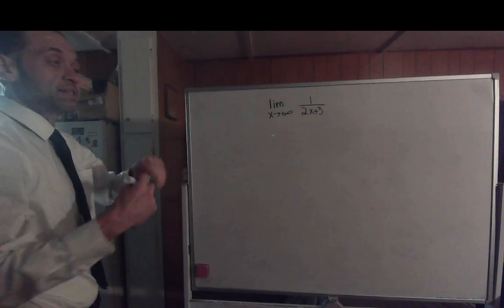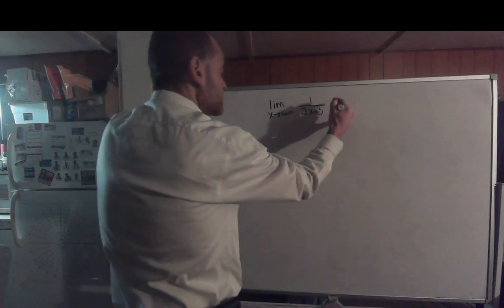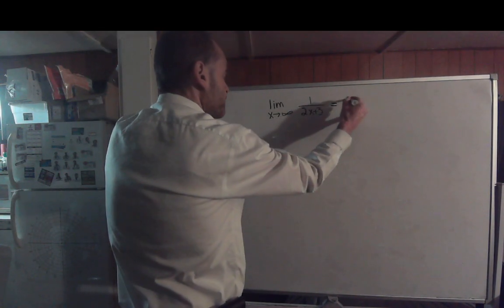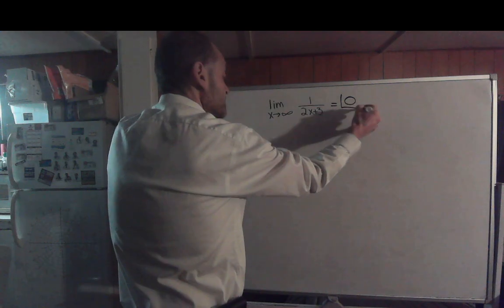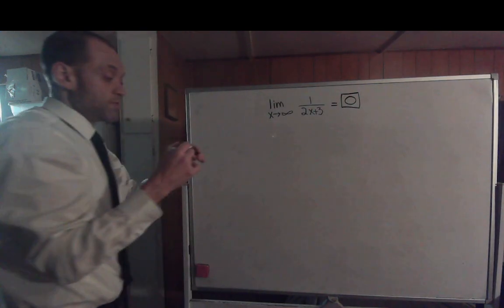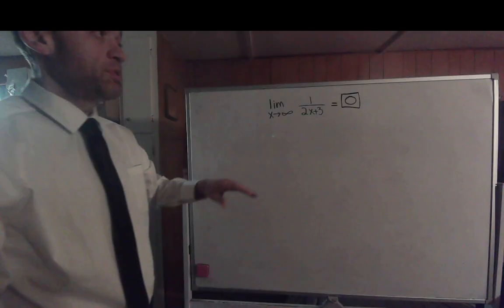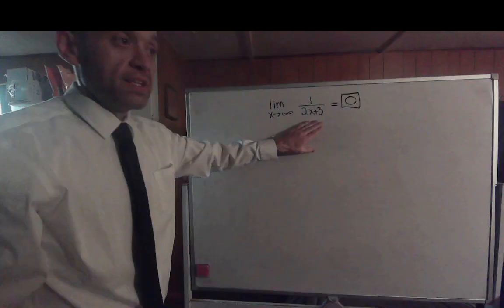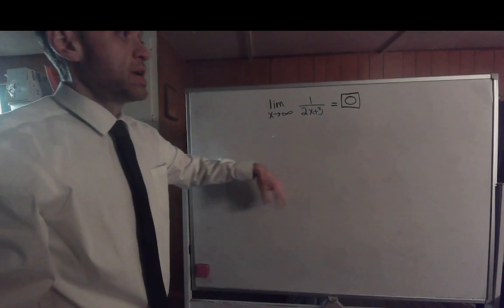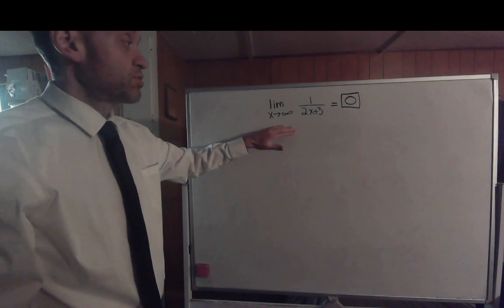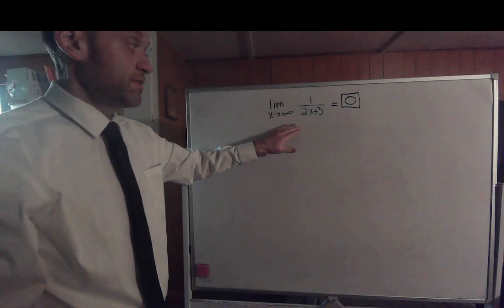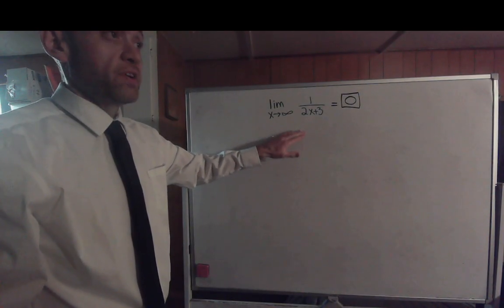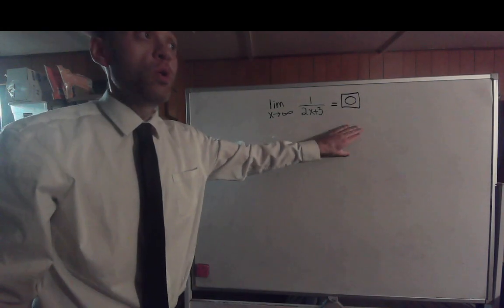In fact, the limit in this case would be 0. And this is true any time you have the degree of the numerator less than that of the denominator. If you have a limit as x approaches infinity or negative infinity of a function like that, the limit will always be 0.